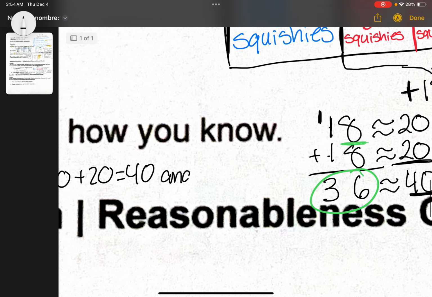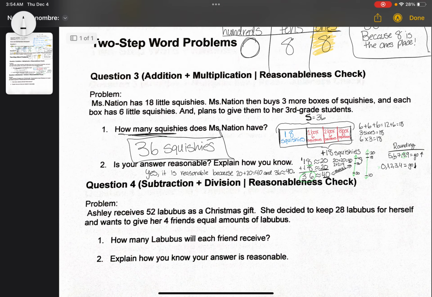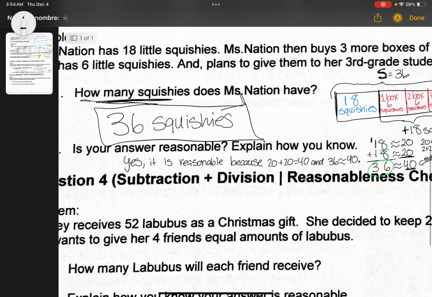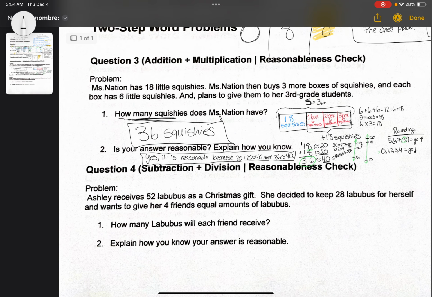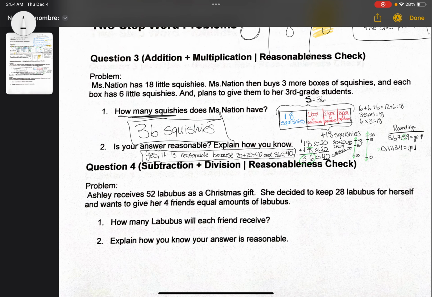And when you round 36 to the nearest tens, we got 40. So our answer is correct. And also, don't forget, box your answer, because Miss Nation will not read your problem, and I don't want y'all to lose points because y'all did not want to box in your answer.